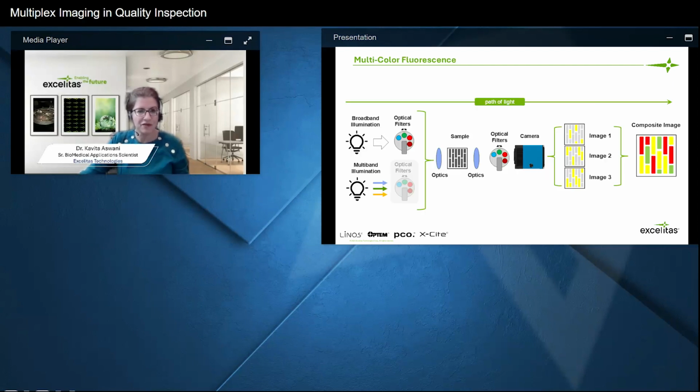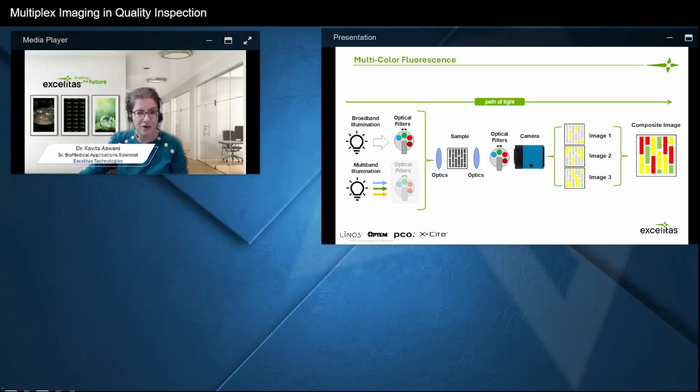So for multicolor fluorescence, you have broadband illumination, which is a wide region of the spectrum, which is then filtered. In the multiband illumination, you would have separate LEDs or separate lasers for a particular wavelength, and that may or may not require further filtering of the excitation light, depending on the wavelength of interest.